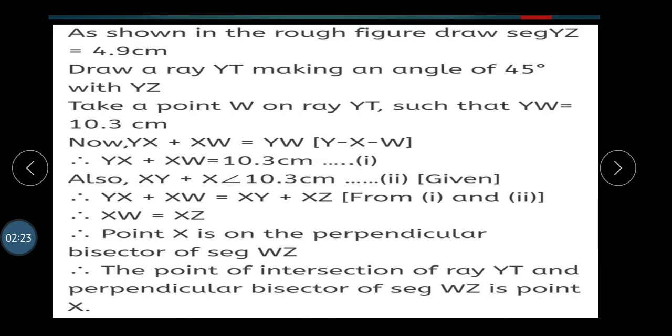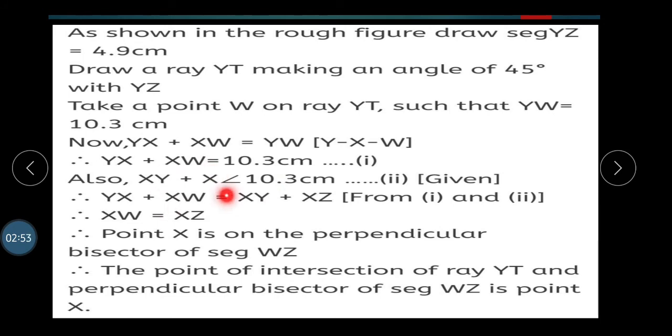Let's give this equation 1. Also, XY plus XZ is equal to 10.3 centimeter, equation 2, given. Therefore, YX plus XW is equal to XY plus XZ, that is from equation 1 and 2. Therefore, here you can see, children, YX and XY is coming on both the sides of the equation, so it will get cancelled.